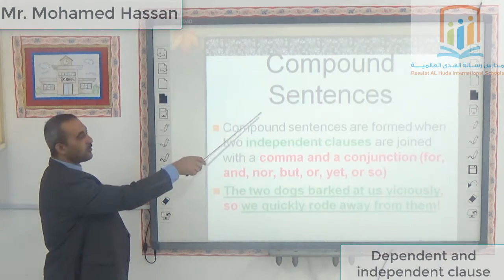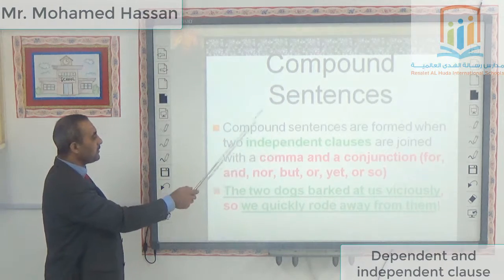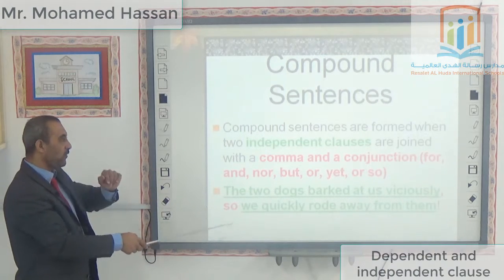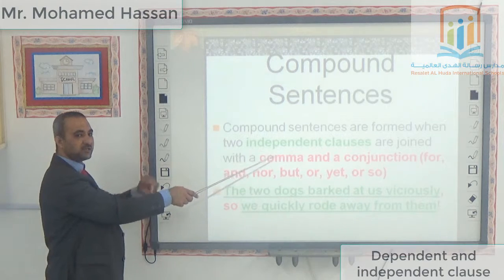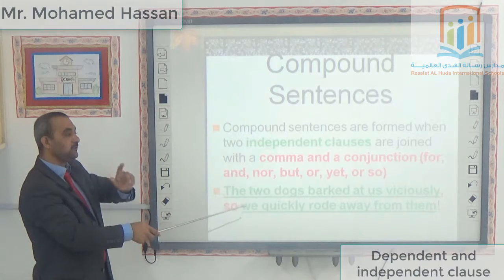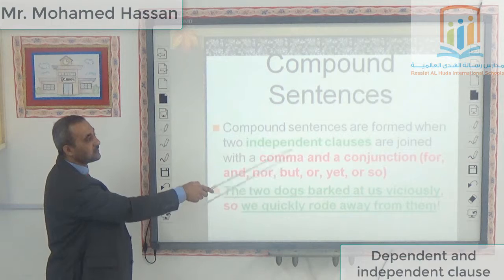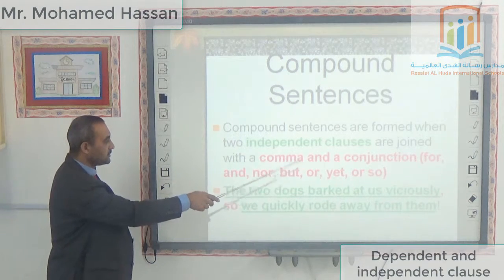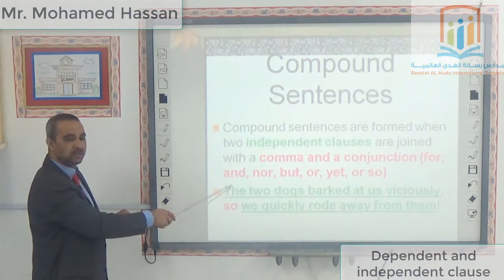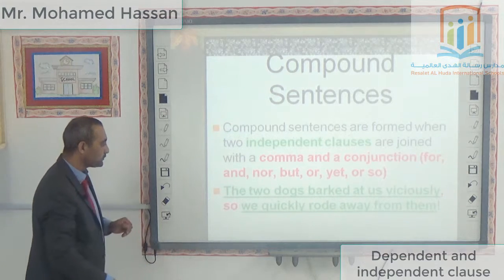Now, let's have a look at compound sentences. Compound sentences are formed when two independent clauses are joined. We said before, independent clauses in English can stand alone, have a subject and a predicate. It gives you a complete meaning, okay? So two independent clauses are connected together in a compound sentence, joined with a comma and a conjunction, like for, and, nor, but, or, yet, so.